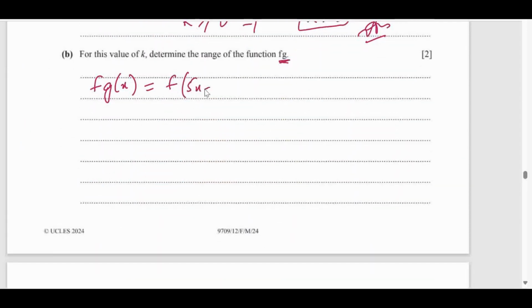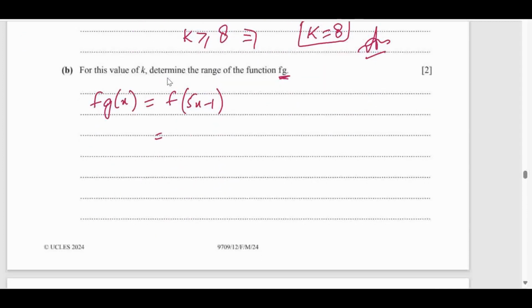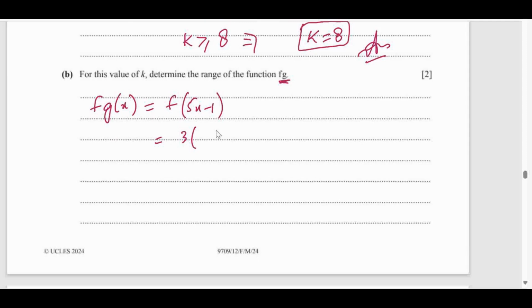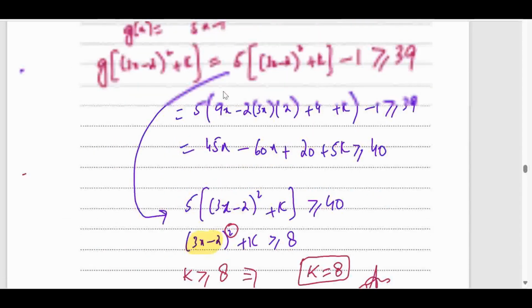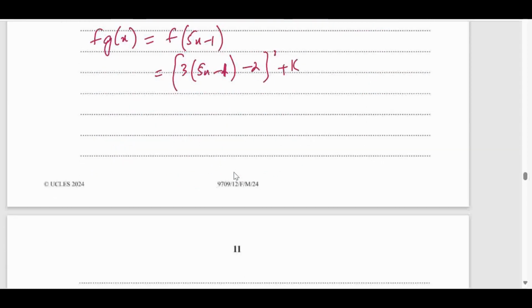So 5x minus 1, now f of x was 3 into this thing, 3x minus 2. So 3 into (5x minus 1) minus 2, whole square plus k. Now let's simplify the bracket first.